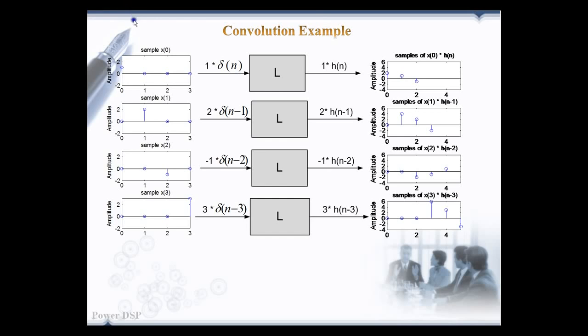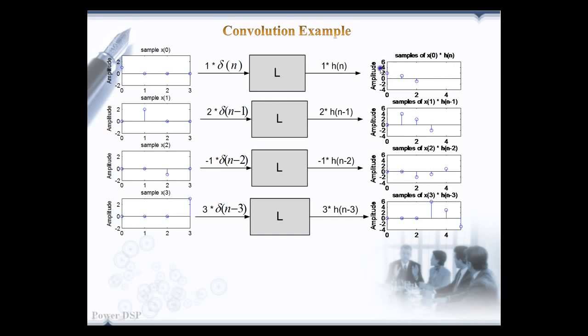This is usually called impulse decomposition. We are taking the first sample here, that is at n equal to 0, amplitude value of 1. This is nothing but the unit impulse. If the unit impulse is the input, then the impulse response h of n is the output.